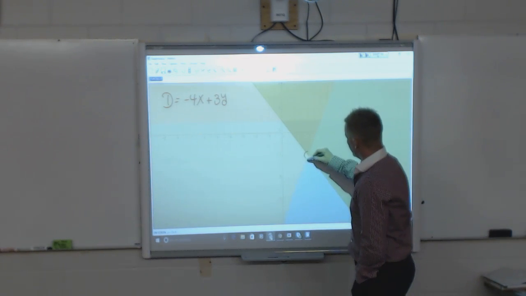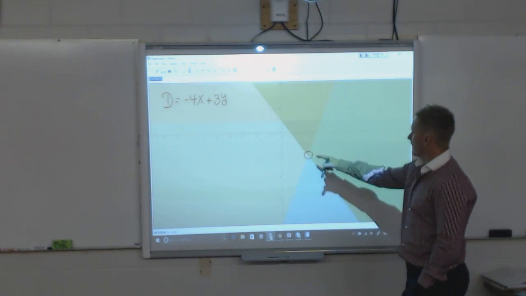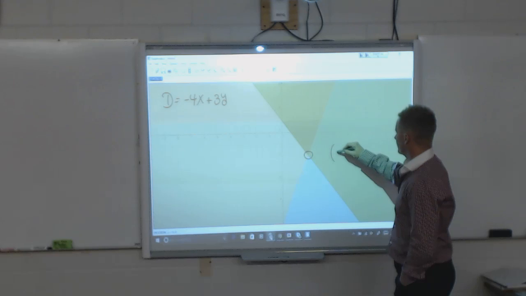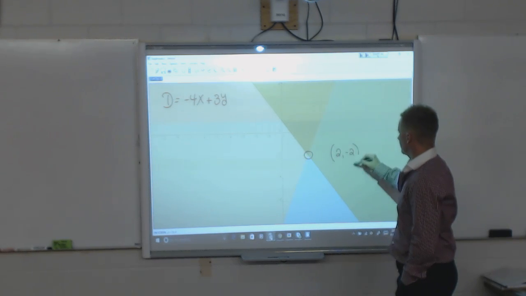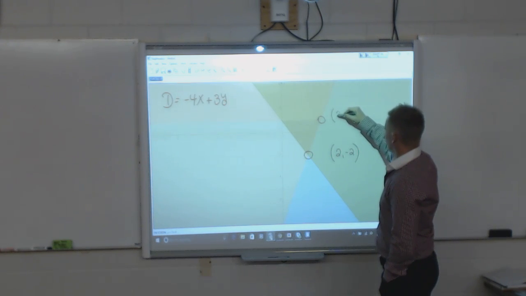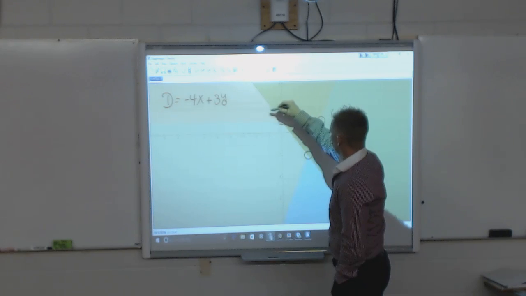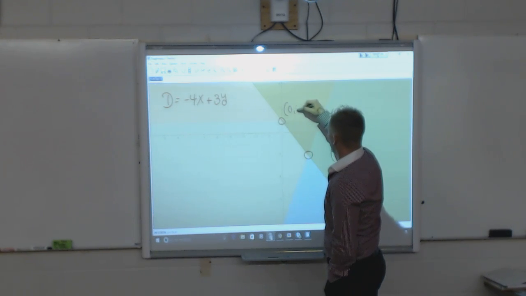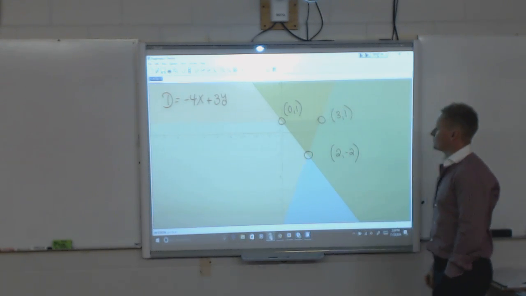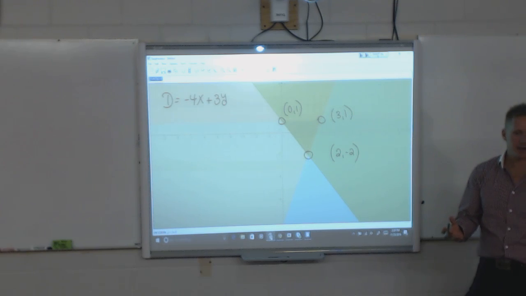So there's feasible point number 1. Okay, and what is that? 2 and negative 2. Here's number 2. What is that one? 3 and 1. And then 0 and 1. So we're going to use those 3 coordinates, plug them in, and we solve to get our maximum value. Is that correct?